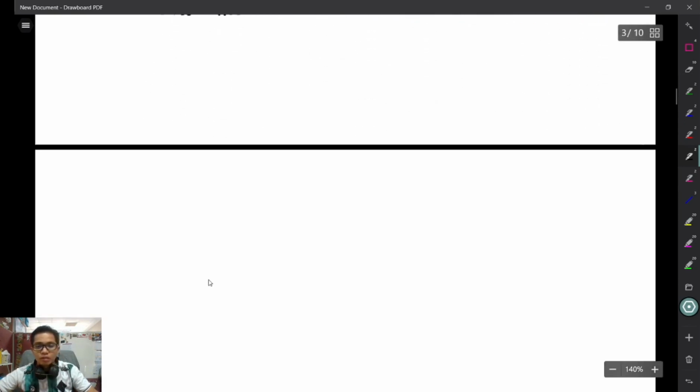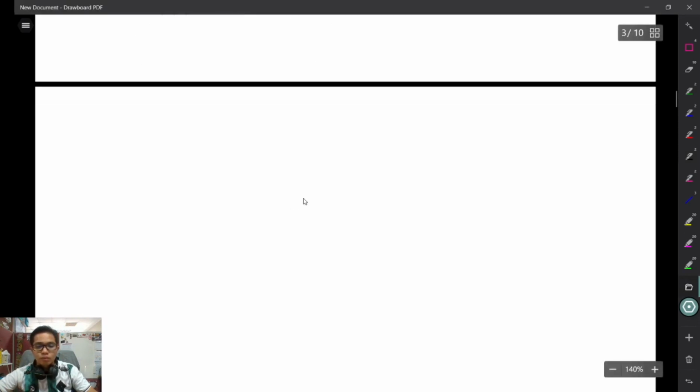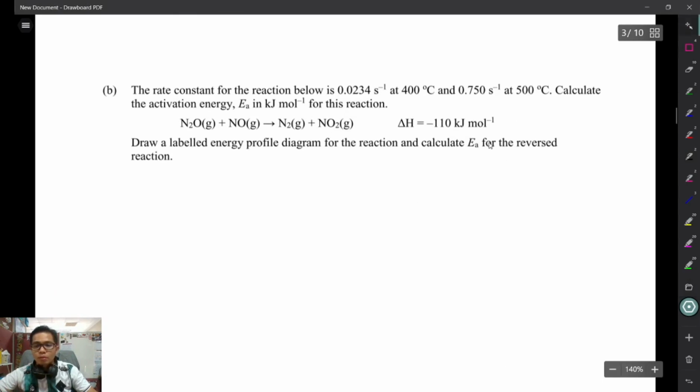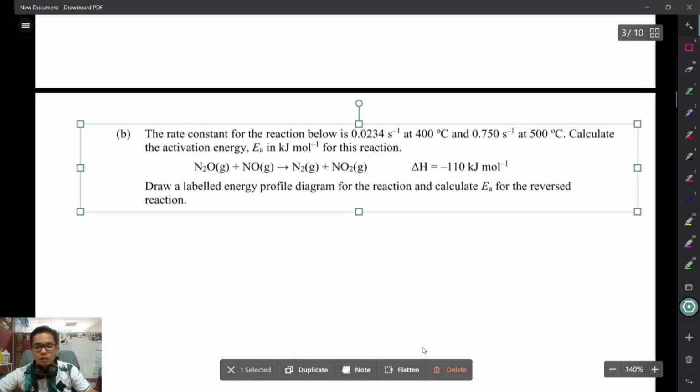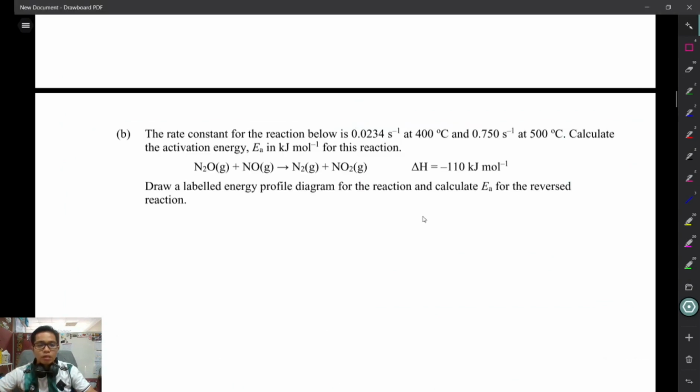Right, so that's it. And then question number 8B. The rate constant for the reaction below is 0.0234 per second at 400 degrees Celsius and 0.75 per second at 500 degrees Celsius.